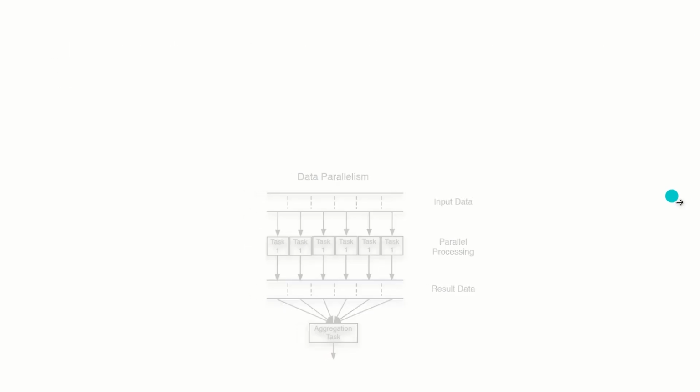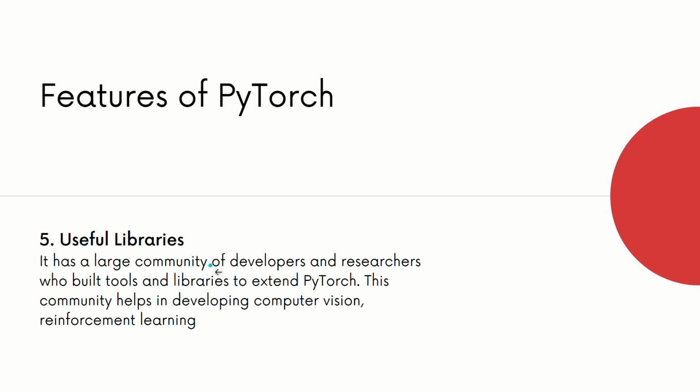So moving on to the next feature, useful libraries. PyTorch has a large community of developers and researchers who build tools and libraries to extend PyTorch. This community helps in developing computer vision and reinforcement learning.